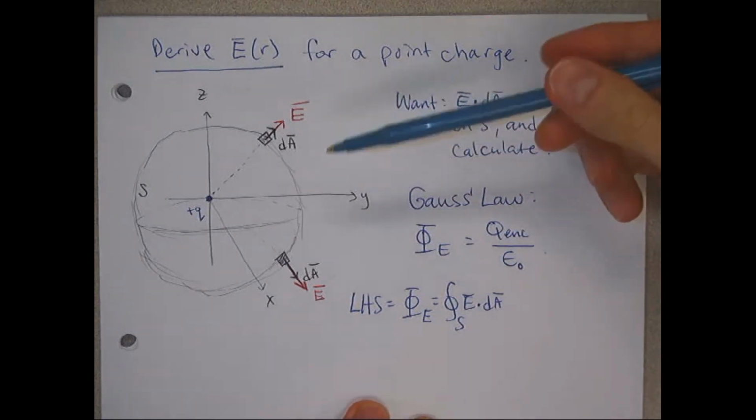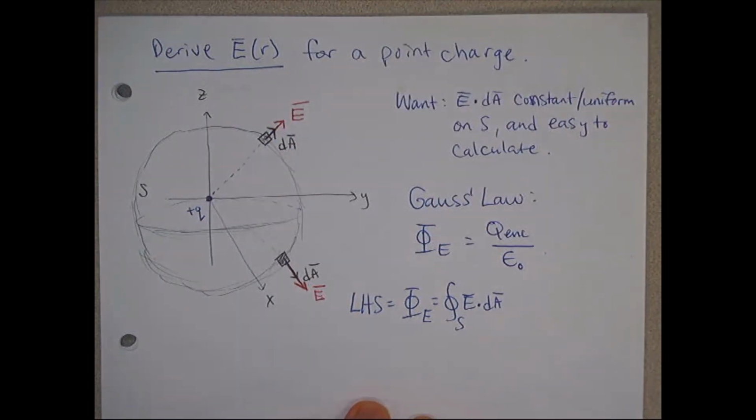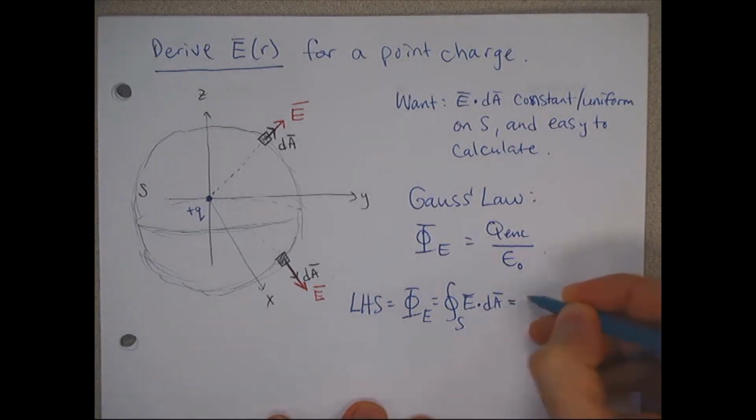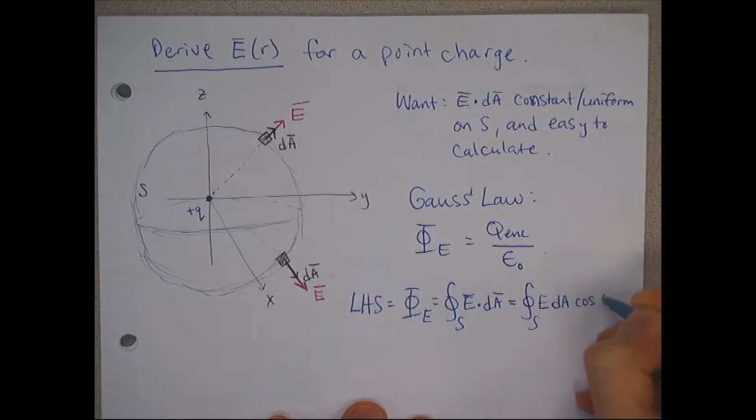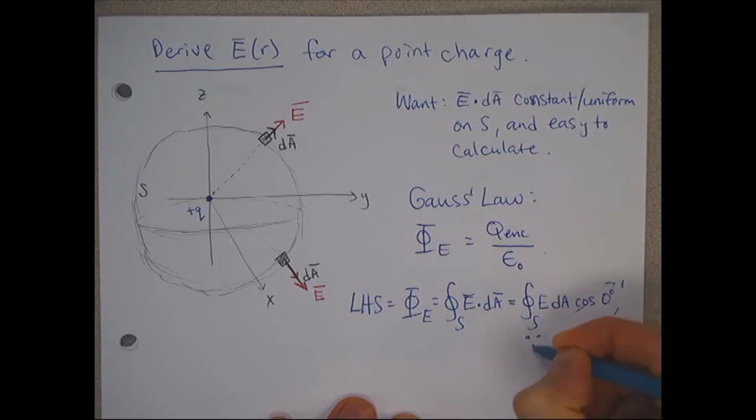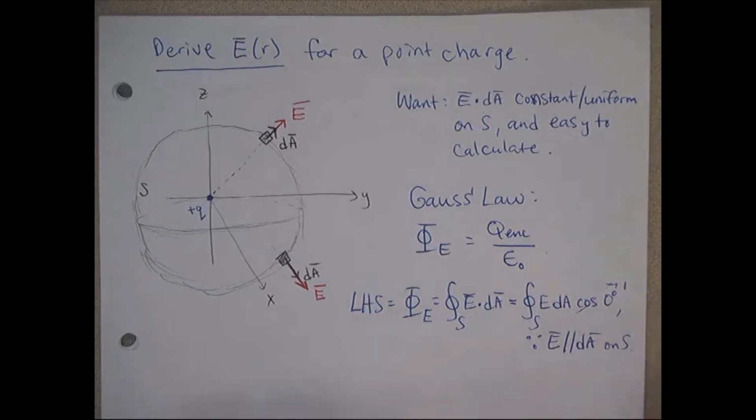What's our angle between every E and dA that you can pick on that surface? It's 0 degrees. So we have the integral over S of E dA cos 0, which is 1, because E is parallel to dA everywhere on S.